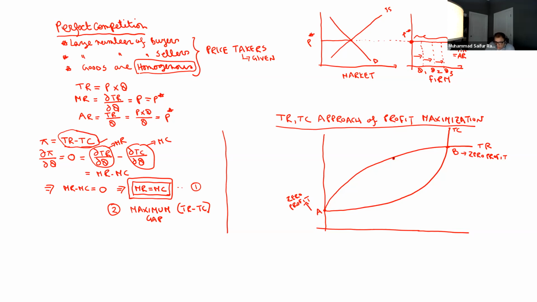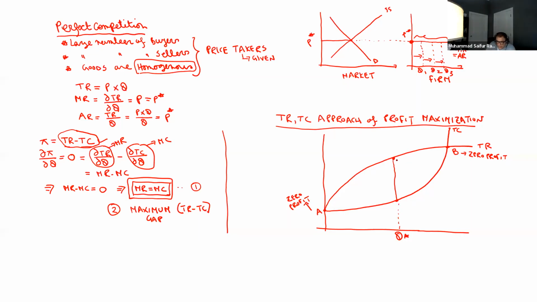So if you look at the graph, you would realize that the gap between total revenue and total cost is maximum somewhere around the output level of, let's say, Q star. So this Q star maximizes the gap between total revenue and total cost, and hence the maximum gap indicates maximum profit.